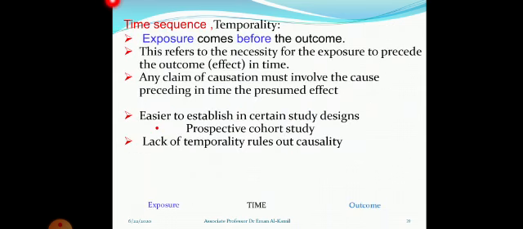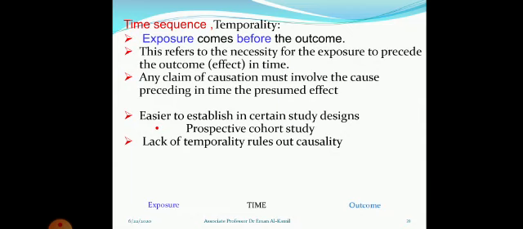As we mentioned, the time sequence or temporality is usually explained by the exposure to the risk factor preceding the occurrence of the disease. Usually, the exposure is before the occurrence of the disease.